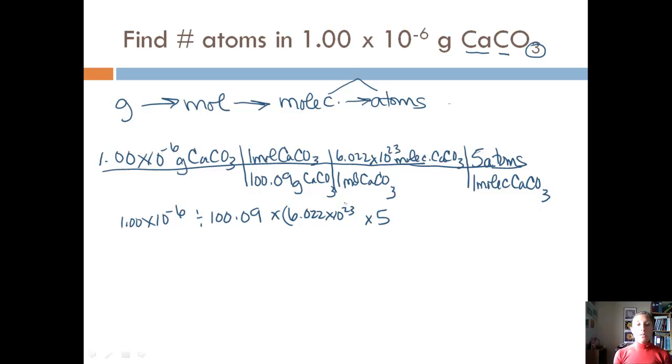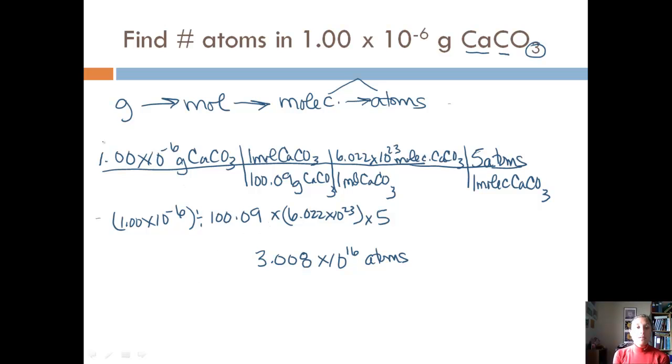Remember, when you're putting scientific notation in your calculator, make sure you put parentheses around it. Okay, if I do all of this, that leaves me with 3.008 times 10 to the 16th atoms in calcium carbonate.